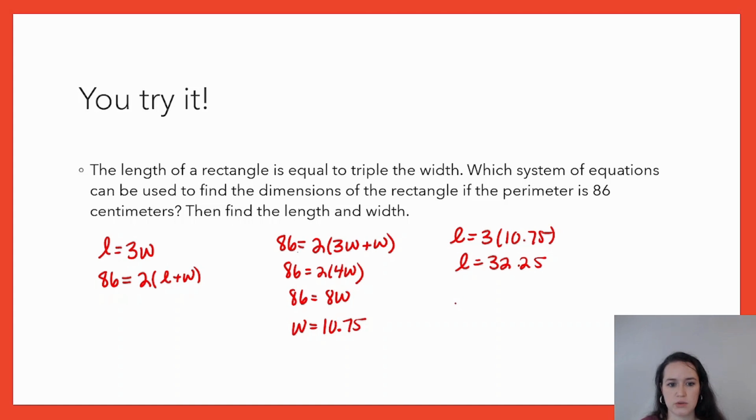We can double check that with the perimeter equation. If I add my 10.75 plus 32.25 and multiply that by 2, I get 86, and that's what I want.